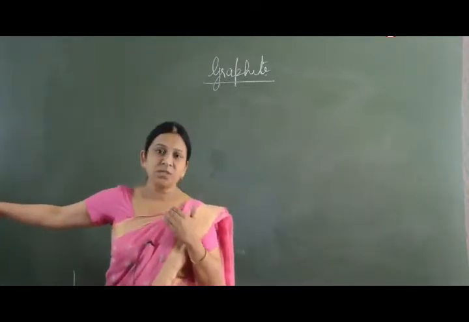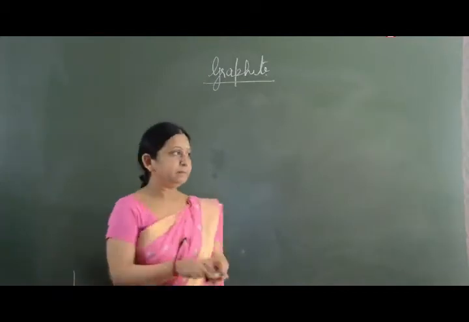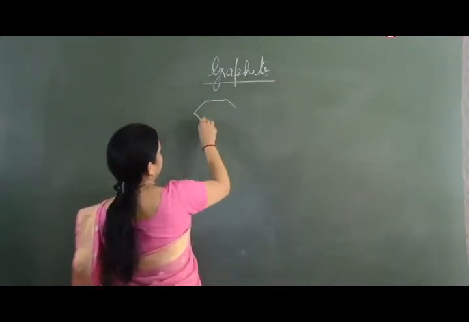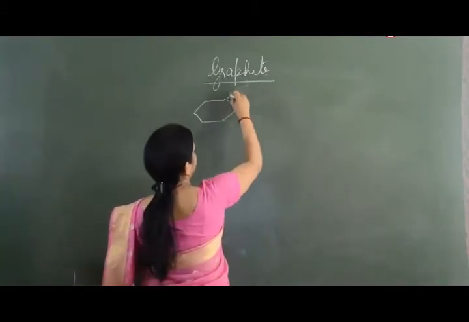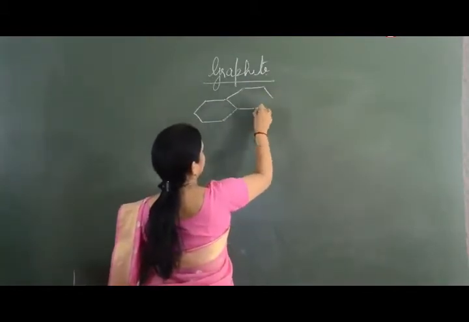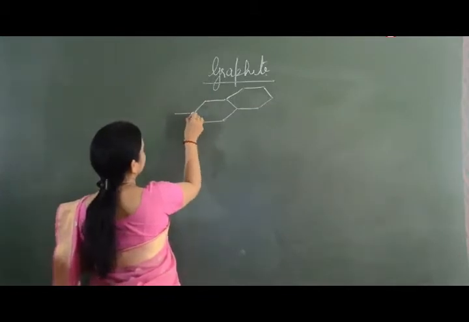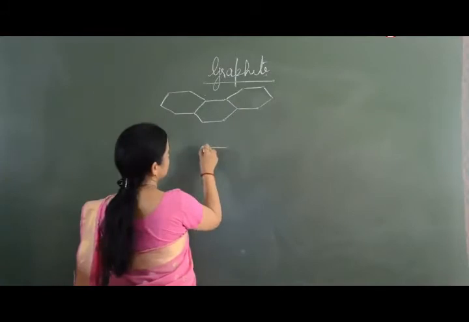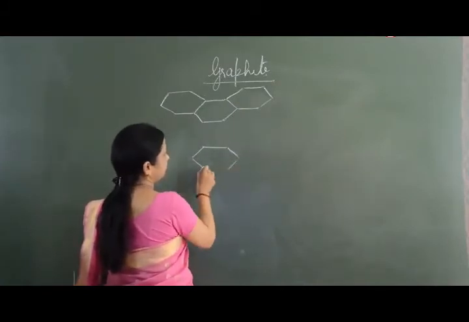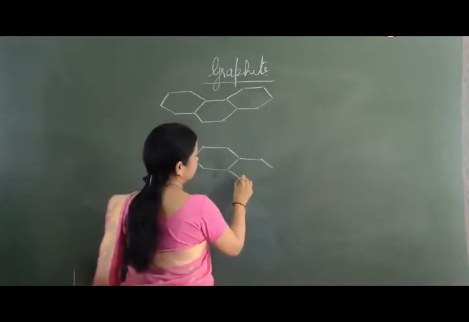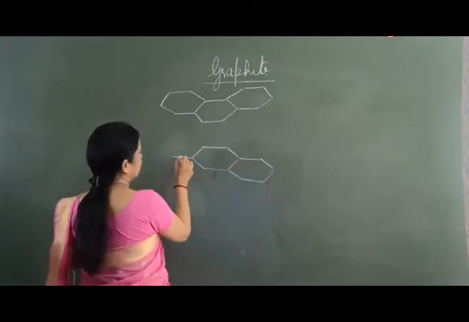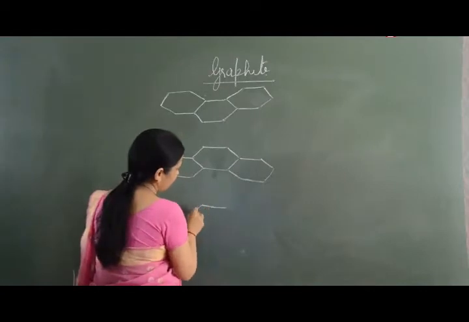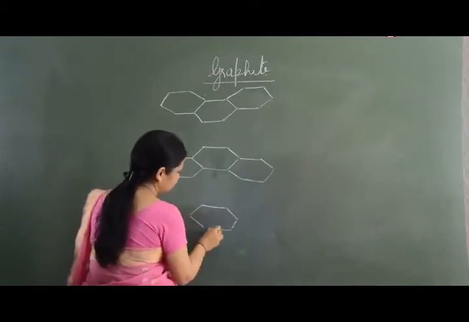Now if we come to the structure of graphite, this is the structure. It has got a layered structure. This is one layer, then this is the second layer, the hexagonal arrangement can be drawn as you wish.